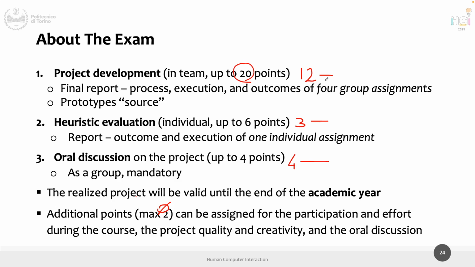Or if it's something around the high fidelity prototype or the usability evaluation, since it's the end of the process, it's maybe something you can redo if it's a big amount of points.